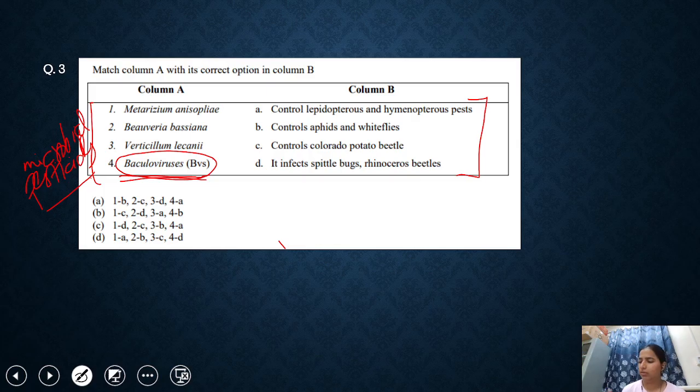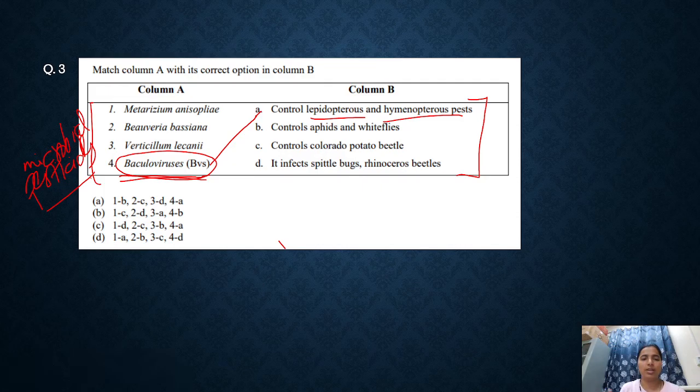No, no, Satvika, this is not correct. Actually, this baculovirus is mainly used for controlling Lepidopteran and Hymenopteran pests. For this, we use baculovirus.